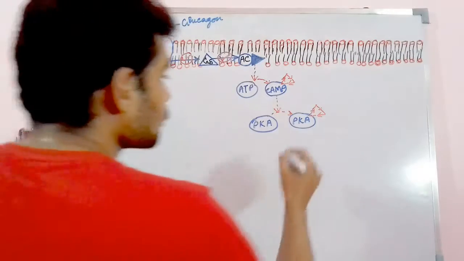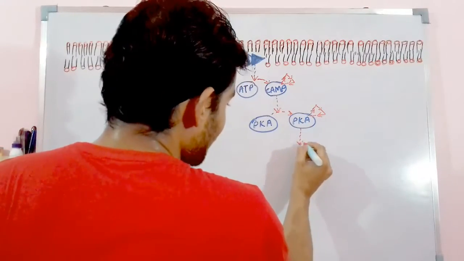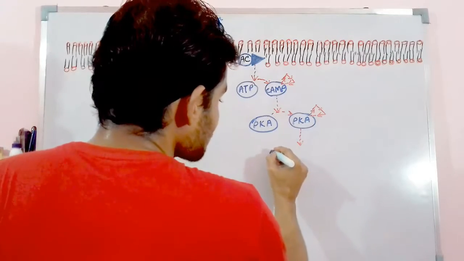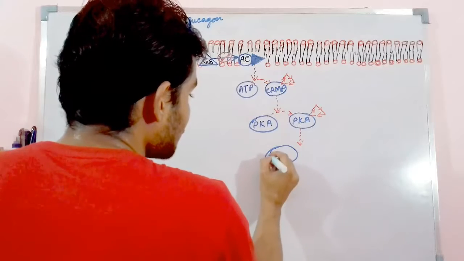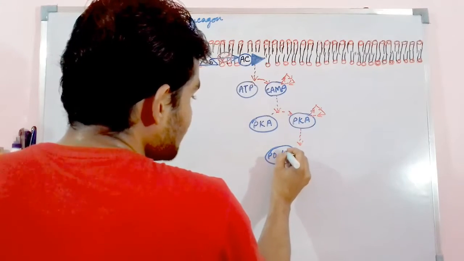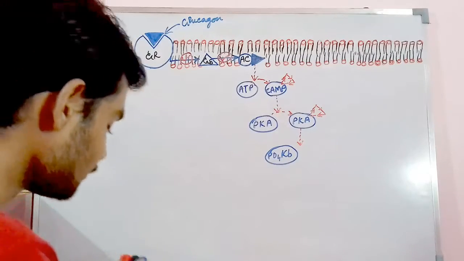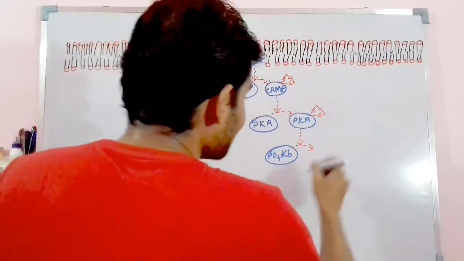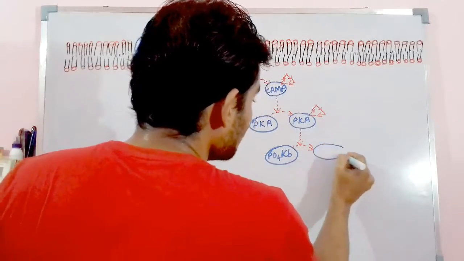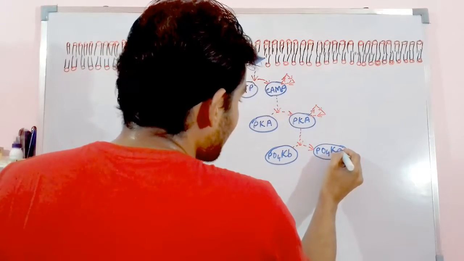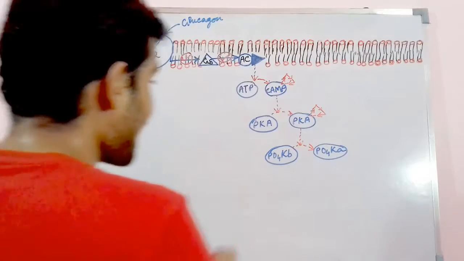This activated protein kinase A will again help in activating a particular enzyme called phosphorylase kinase B, converting phosphorylase kinase B to phosphorylase kinase A, which is the active form.